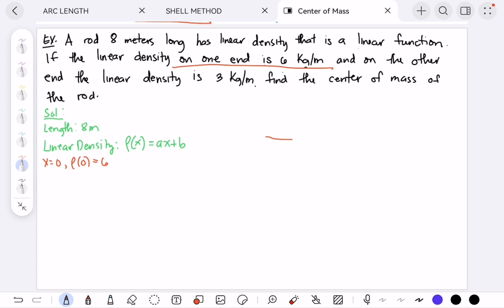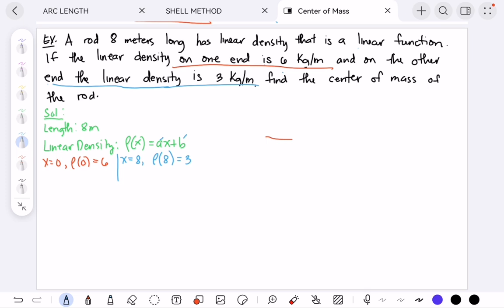Another piece of information given is that on the other end, at x equal to a, the linear density is 3 kilograms per meter. Now with this information, let's try to find the values of a and b so we can have our linear density.